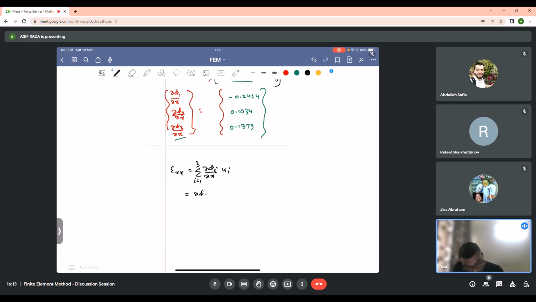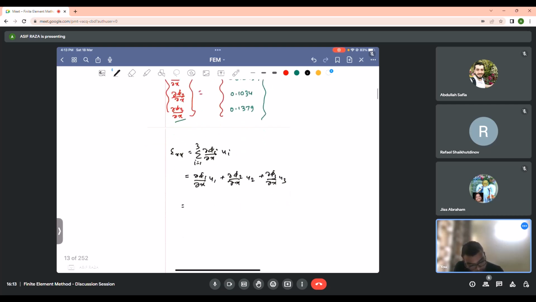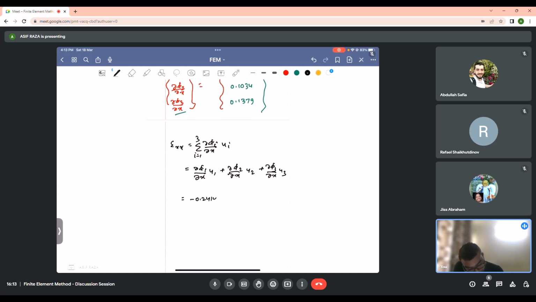That implies del phi 1 by del x u1 plus del phi 2 by del x u2 plus del phi 3 by del x u3, and we have the values as minus 0.2414 u1 plus 0.1034 u2 plus 0.1379 u3. So this is my answer.